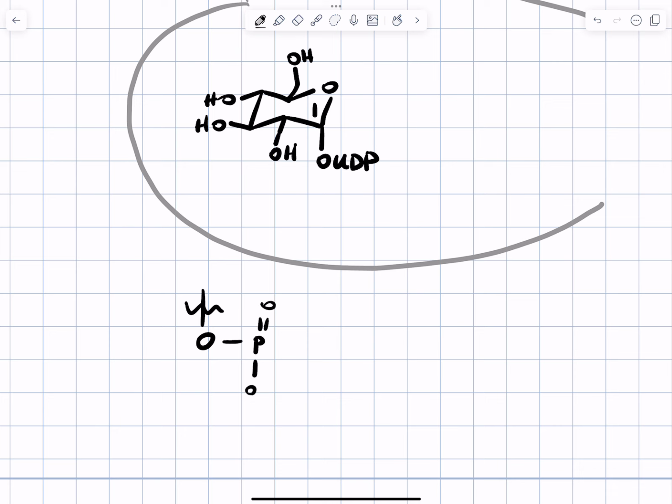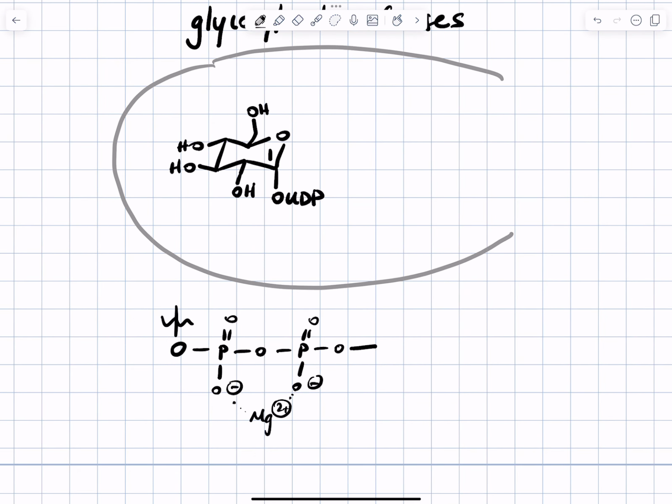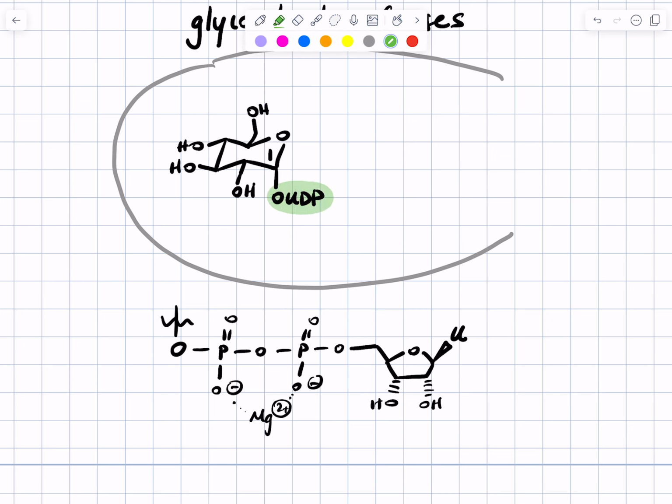The diphosphate portion is this phosphoanhydride here. There's usually a magnesium dication associated with that phosphate to help it as a leaving group, and then that oxygen is attached to the 5' hydroxyl of ribose, and then here is the base uridine. We'll talk about its identity later in our chapter on nucleic acids, but for our purposes now, you can think of this as a good leaving group.